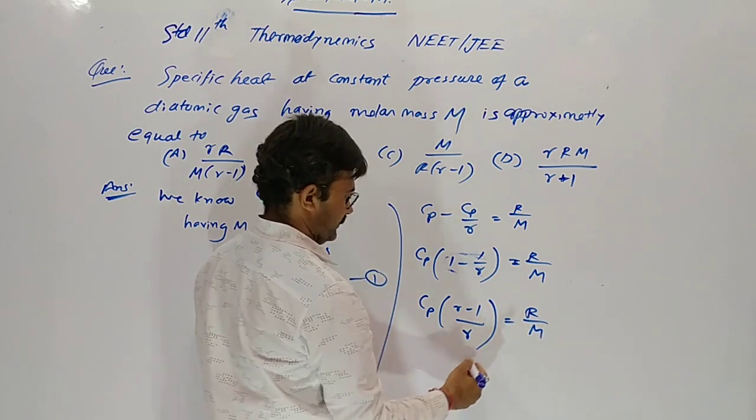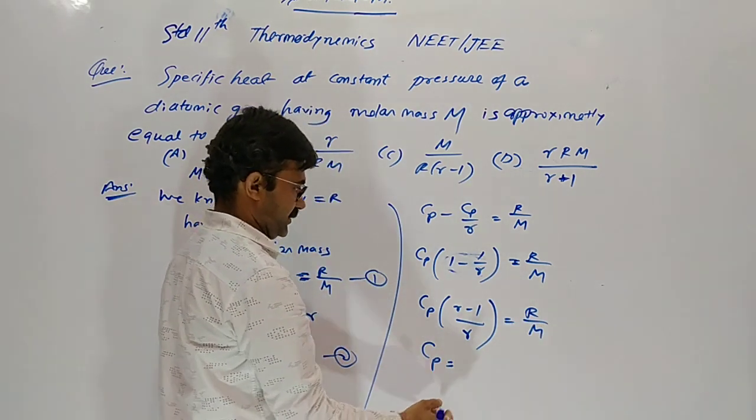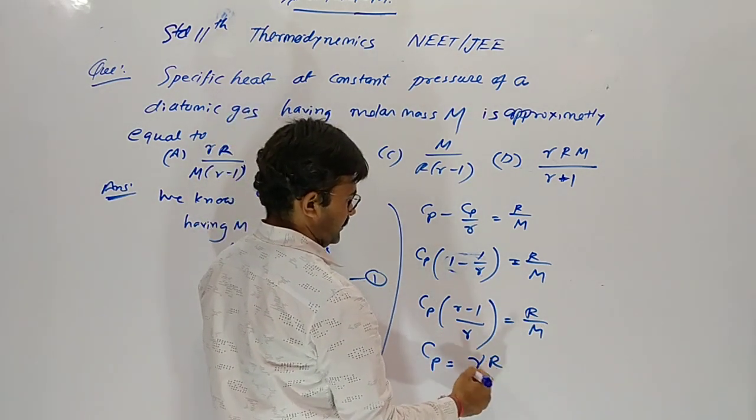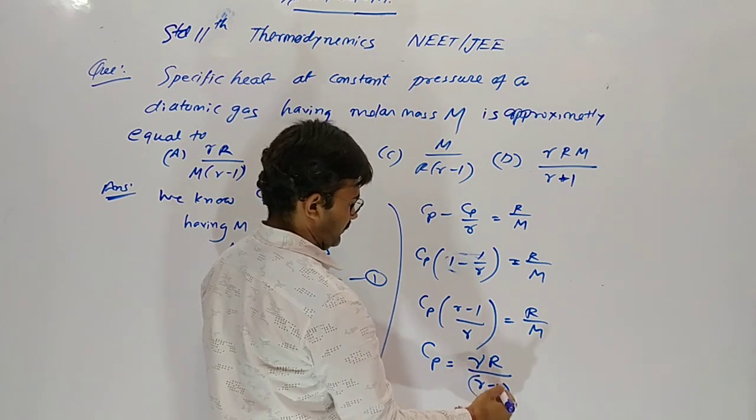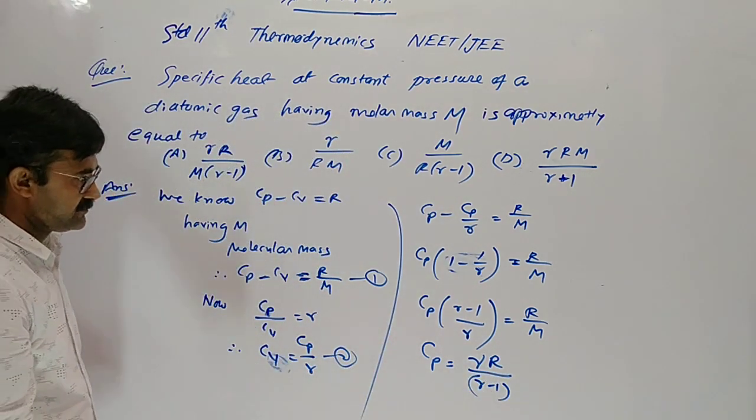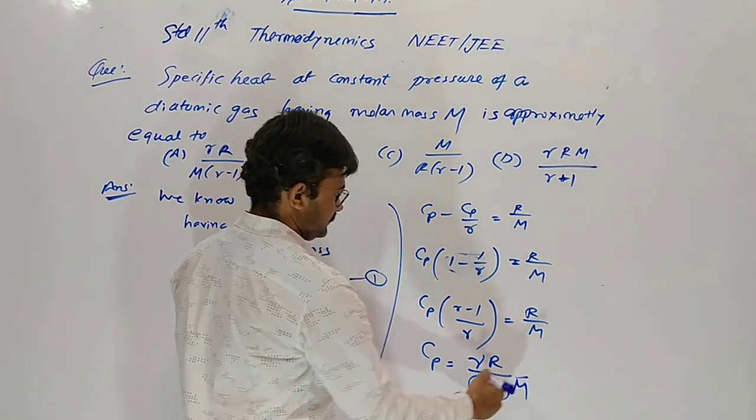So Cp is equal to gamma R upon (gamma minus 1) into M.